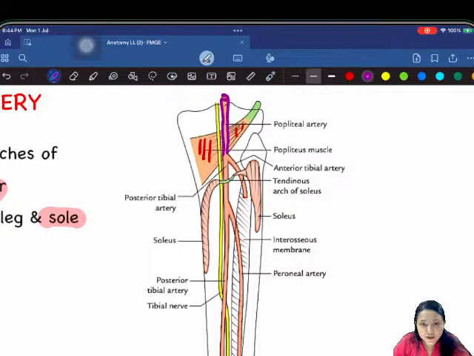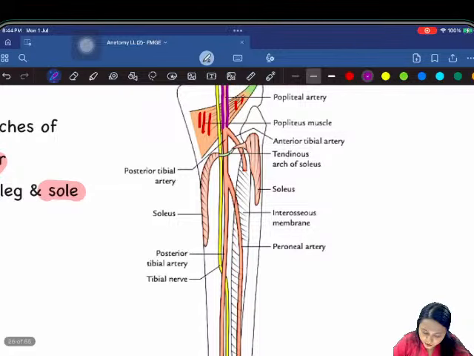Okay, now it is dividing. In the lower border of the popliteus muscle, it is dividing into two parts. So you have a larger branch. This is the posterior tibial artery. This is a larger branch. And then you have a smaller branch also. The smaller branch is the anterior tibial artery. Okay, so the popliteal artery is giving your posterior tibial artery and the anterior tibial artery.